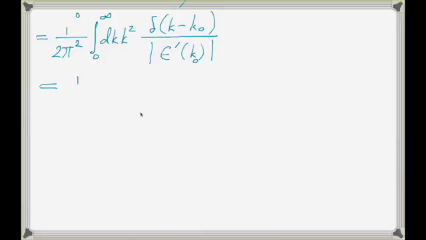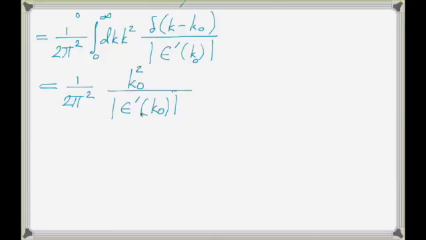So that's just 1 over (2 pi) quantity squared. You just evaluate all the arguments at k0, times k0 squared over, and now what we've got to do is evaluate the derivative of that dispersion relationship. So that's the expression, and now let's evaluate what we need and get the density of states.